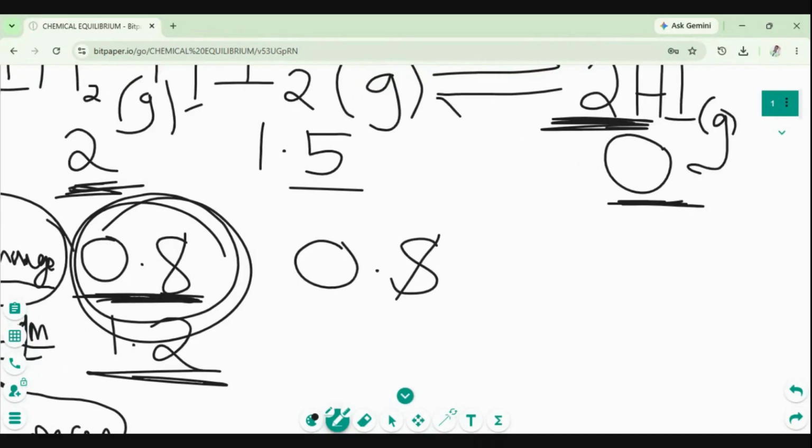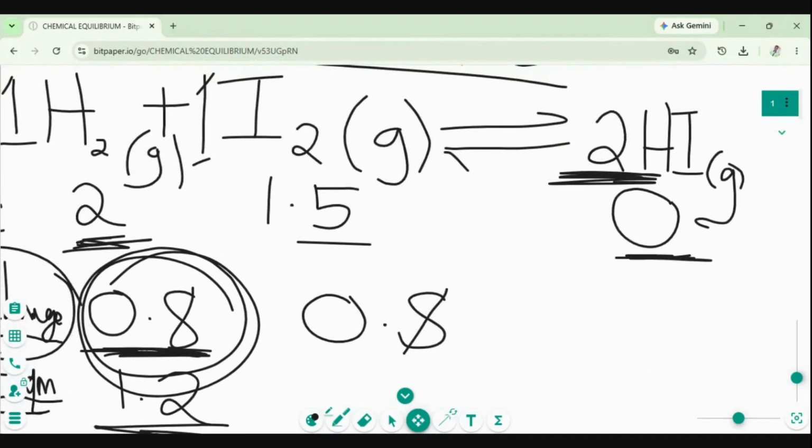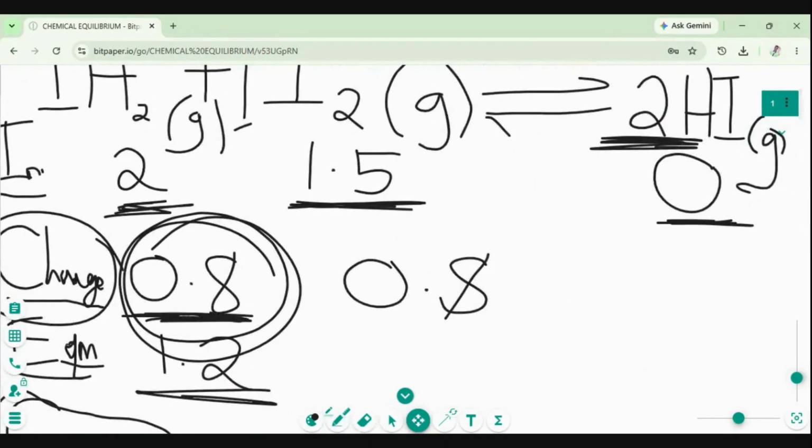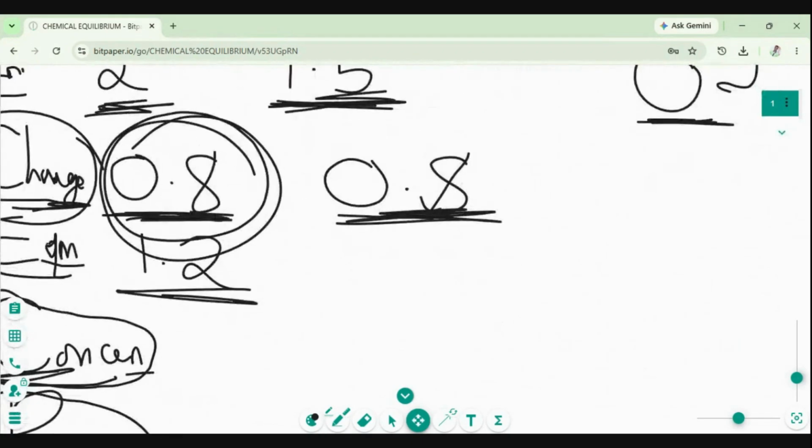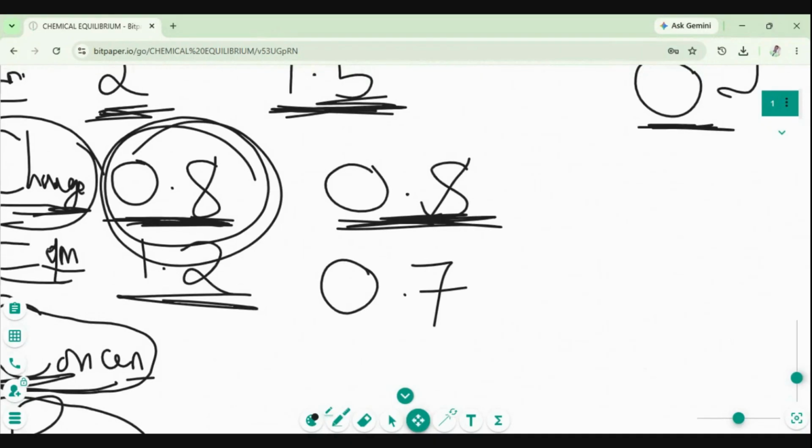They're telling us that this iodine was initially 1.5 moles. Now, members, if it was initially 1.5 moles and 0.8 were used during the reaction, because these are the moles being used during the reaction, that means you're going to remain with 0.7 moles. How did I arrive at 0.7?